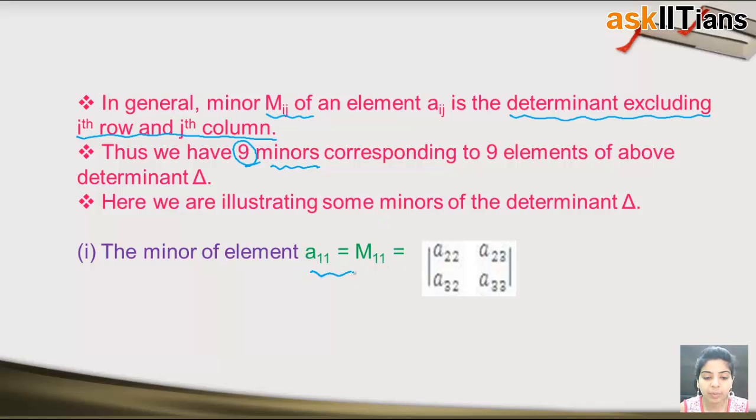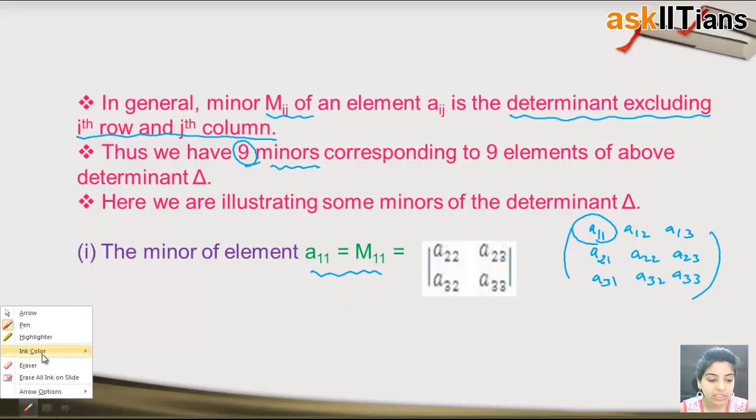If you wish to find out the minor of a11, this is the general 3 cross 3 matrix I am taking: a11, a12, a13, a21, a22, a23, a31, a32, a33. We'll just exclude the row and the column which coincide at this element.